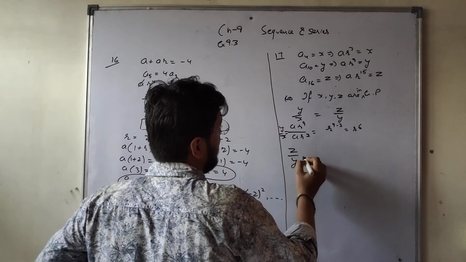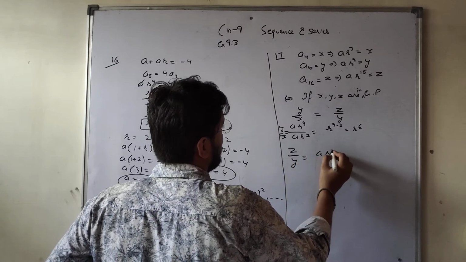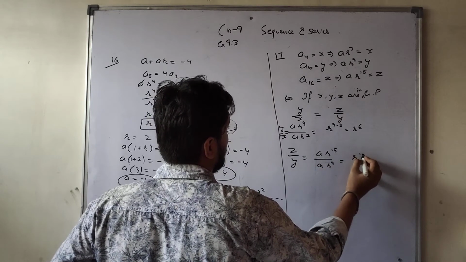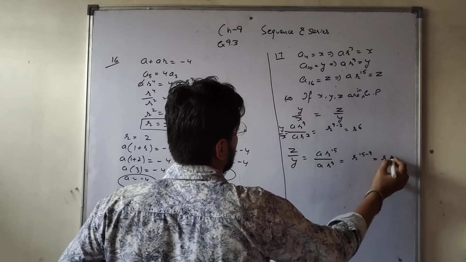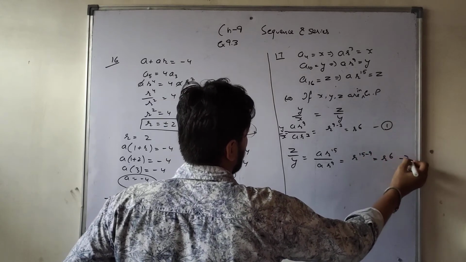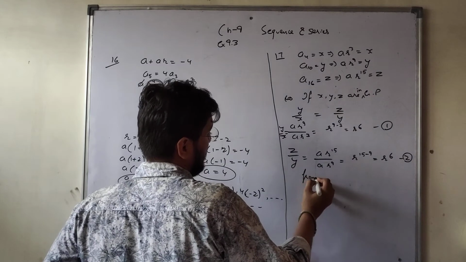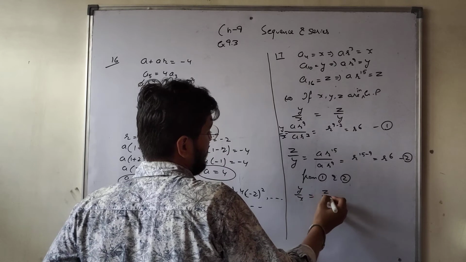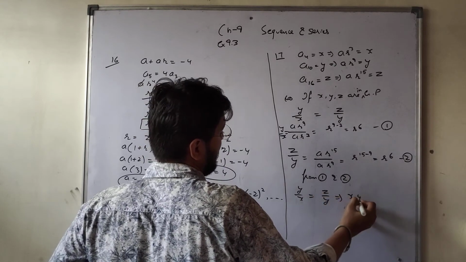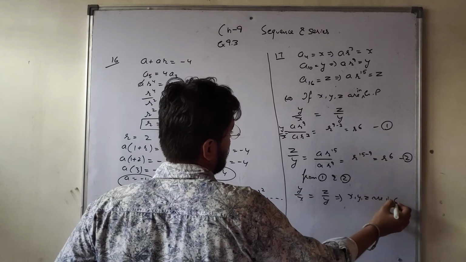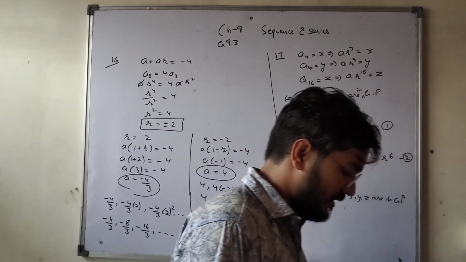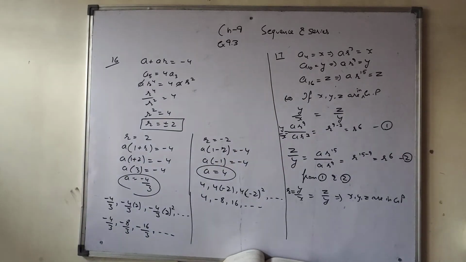Similarly, z upon y is a r raised to power 15 upon a r raised to power 9, so r raised to power 15 minus 9, r raised to power 6. So from the first and second equation, y upon x is equal to z upon y. So this implies x, y, z are in GP because the common ratio is the same, right? If the common ratio is the same for every value, that means the terms are in geometric progression, right?